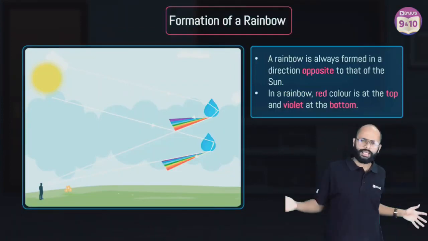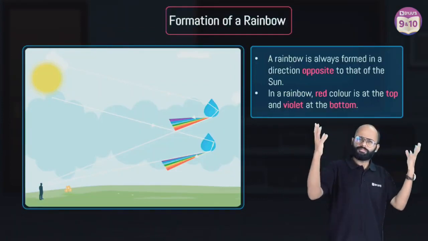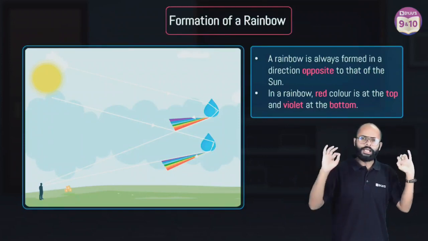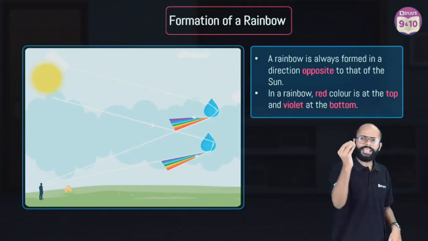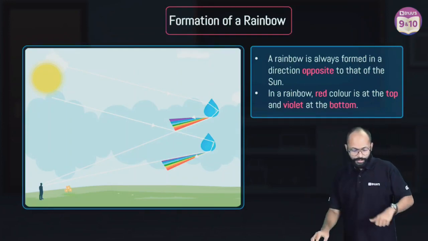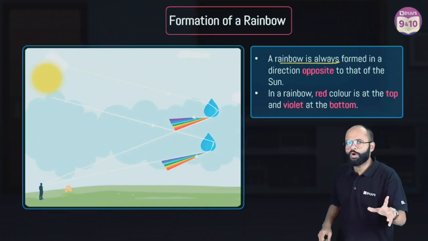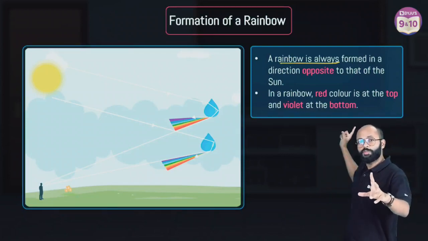अब in the sky, you have millions, you know, uncountable raindrops, I would say. ठीक है? You have so many raindrops. Each raindrop is doing the same phenomena, right? So, a rainbow is always formed when sun is behind you. क्यों?